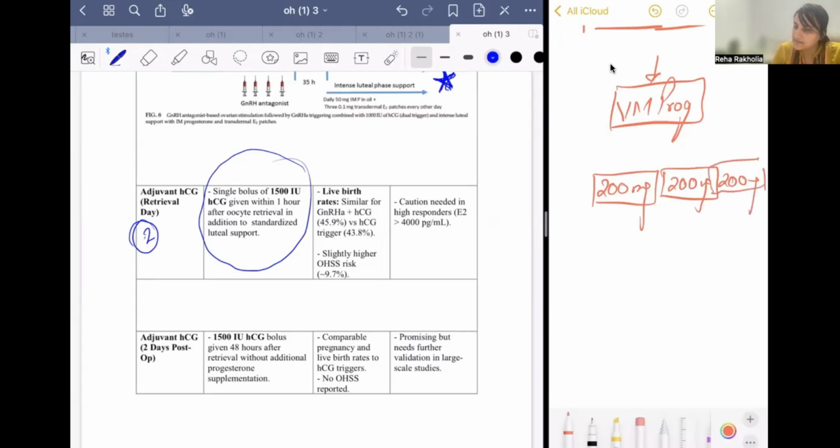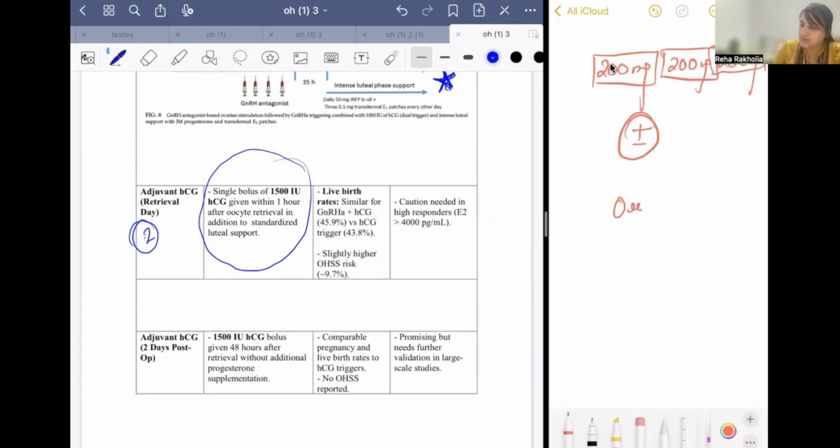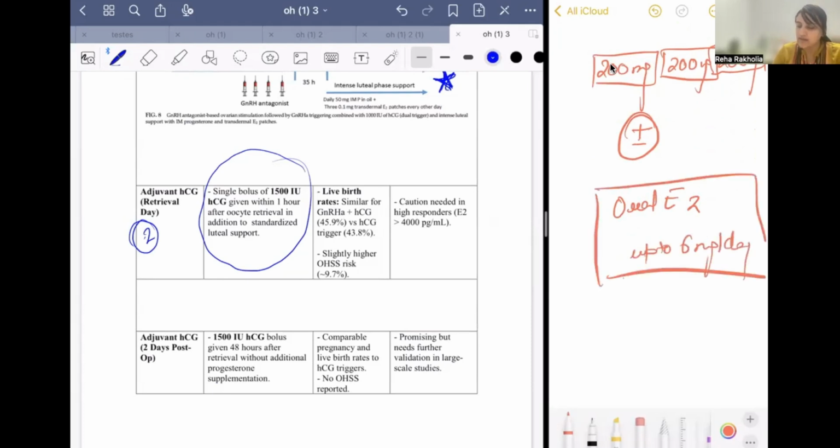Additionally, we can incorporate oral estradiol supplementation with dose reaching up to 6 milligram per day. This is standard protocol. Okay, this is not intensive protocol. So with 1500 HCG within 1 hour of oocyte retrieval, we can use standard dose protocol.